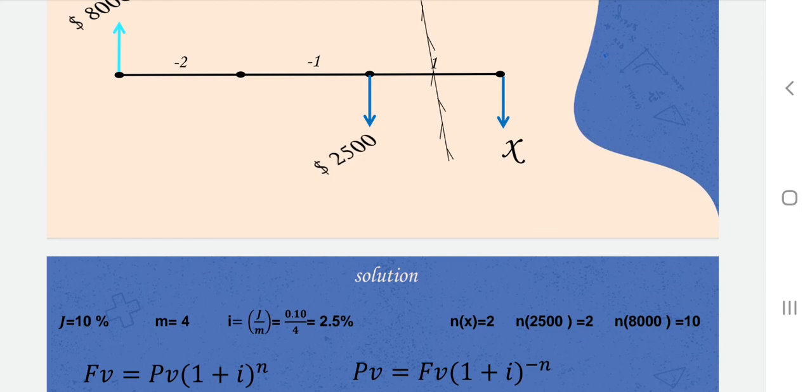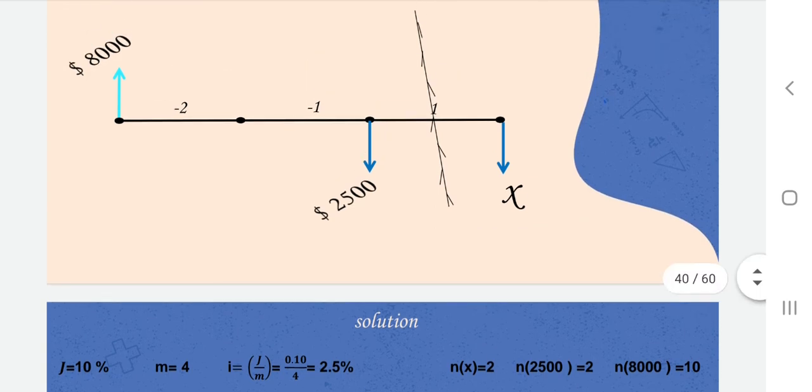And the time for 2,500 equals 6 months. So N equals 6 over 3, or equals 2. Finally, the time for $8,000 equals 2 years 6 months.